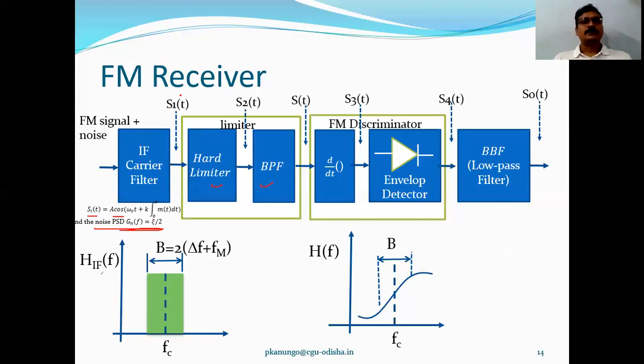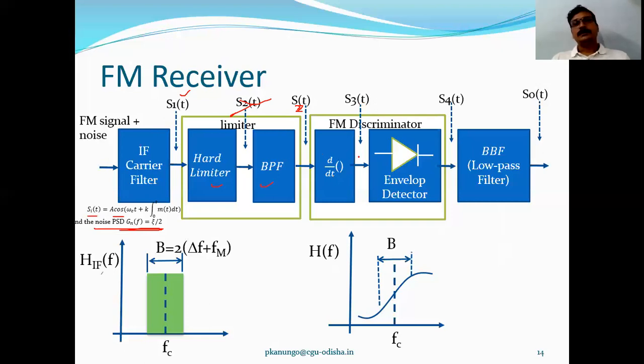Now s1(t) is the signal at the output of the IF carrier filter, and s2(t) is the signal at the output of the limiter. s3(t) is the signal at the output of the differentiator.